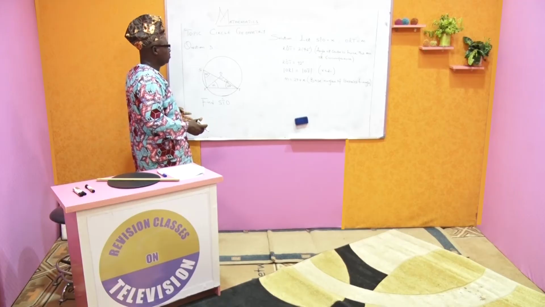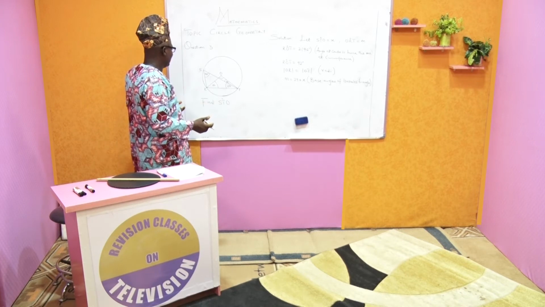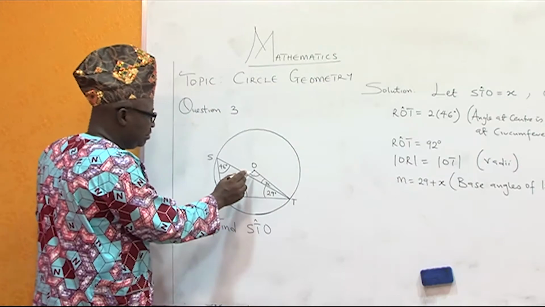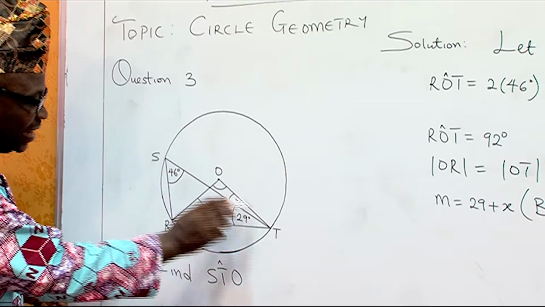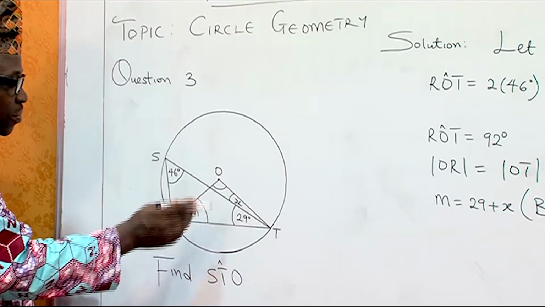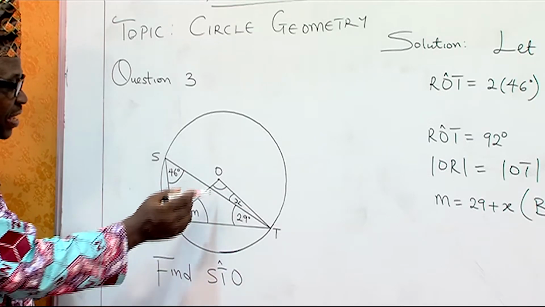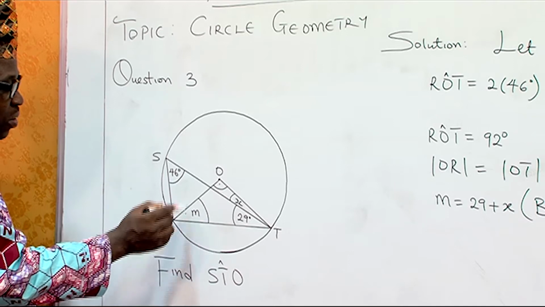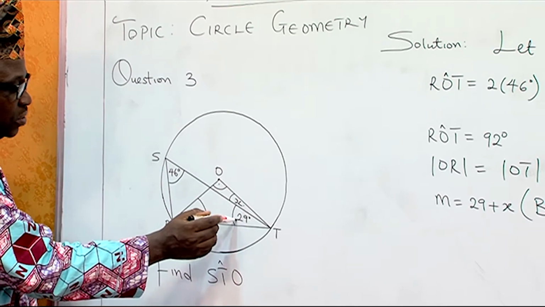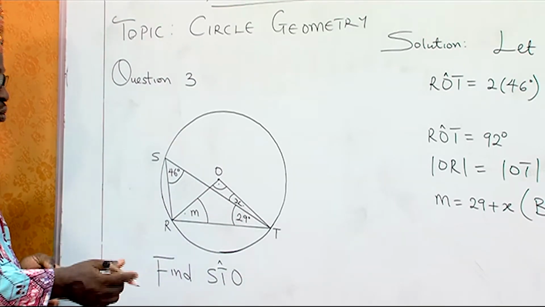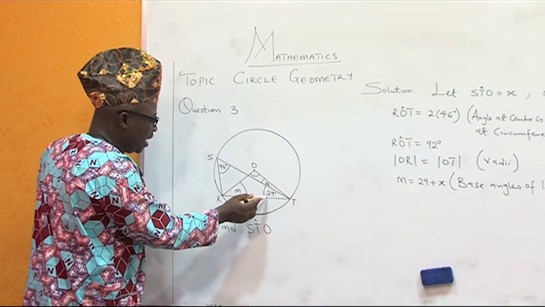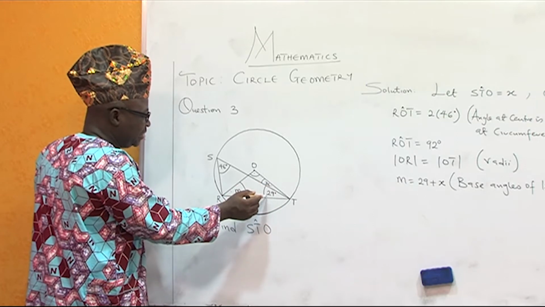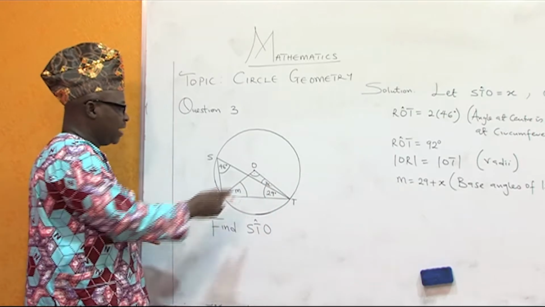So after getting to this point, the next thing we'll do is to find the value of M by considering this particular triangle. Adding all the angles together must give us 180. That is, this angle, which is ROT, plus angle M, plus angle X, plus angle 29. How do we do it? We know that X and 29 are the same as M. So instead of writing X and 29, I can just write it as what?